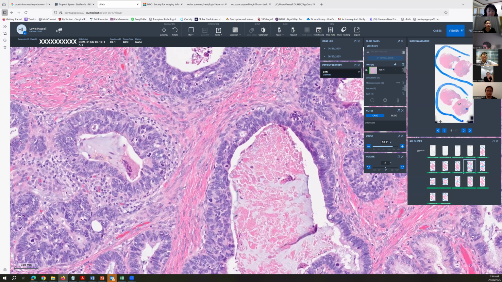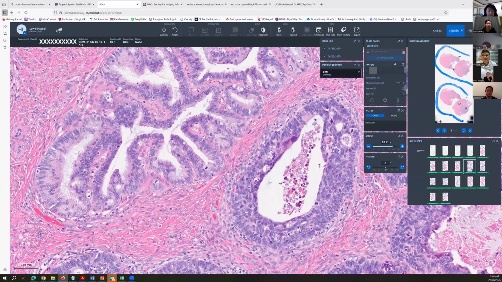we have areas where you begin to see some stratification occurring in some of these cells.